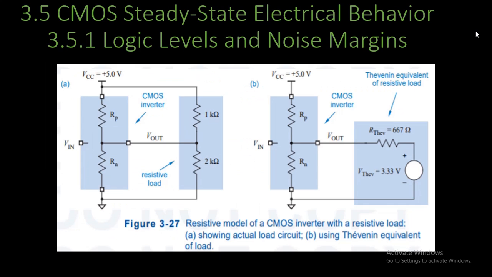The input current shown in Table 3-3 for the HC00 is only plus or minus 1 microampere. Thus, it takes very little power to maintain a CMOS input in one state or the other. This is in sharp contrast to bipolar logic circuits like TTL and ECL, whose inputs may consume significant current and power in one or both states.